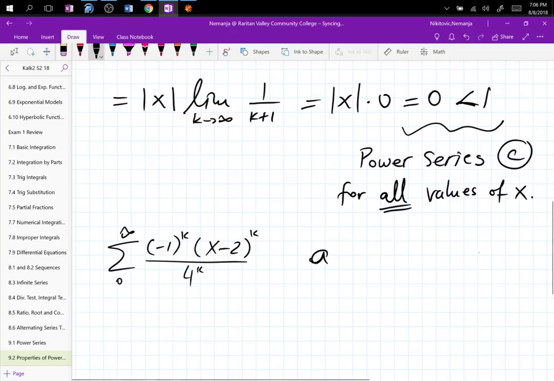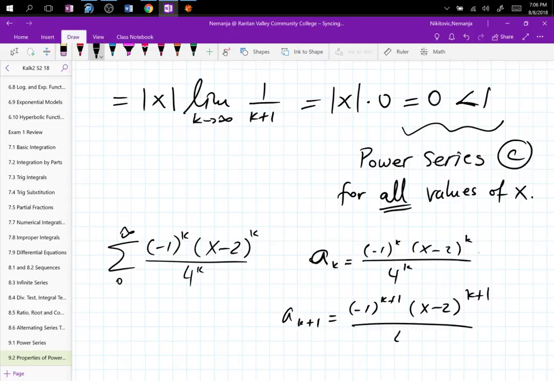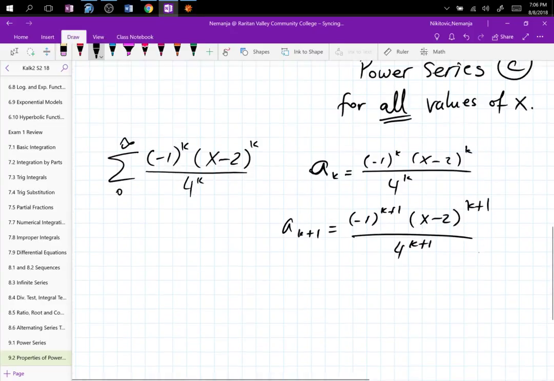Okay, so we have our a_k as negative 1 to the k, x minus 2 to the k divided by 4 to the k. And a_(k+1) is negative 1 to the k plus 1 times x minus 2 to the k plus 1 divided by 4 to the k plus 1.